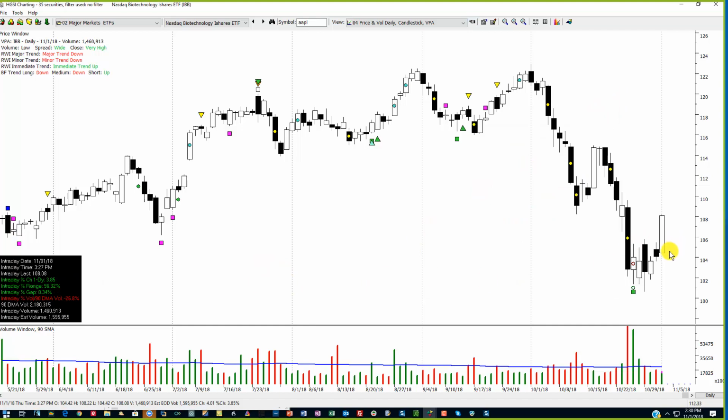Even though we are getting a very long candle here on the biotechs, the intraday volume is actually running below normal based upon the 90-day simple moving average. And if you look over here, you'll see that moving average. And with the enthusiasm shown by the candle, it's not being confirmed by volume. So be careful of this.